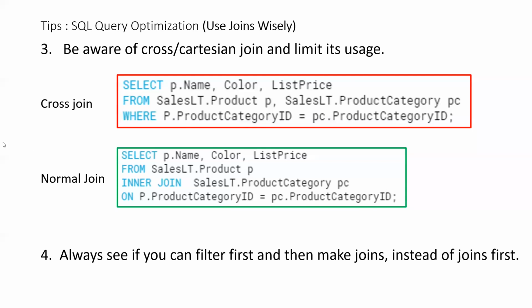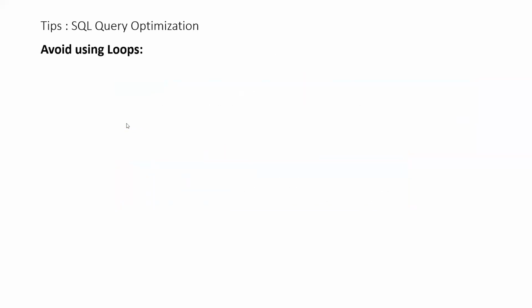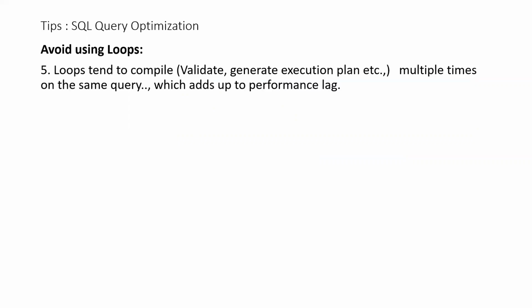These are a couple of points on joins, and then there is something called loops. For those of you who are familiar with SQL, many SQL clients allow you to develop for loops or while loops, such sort of programming in SQL.